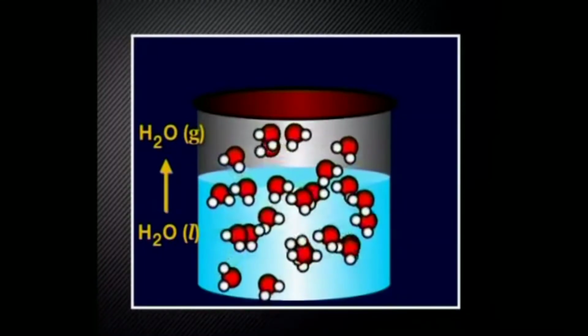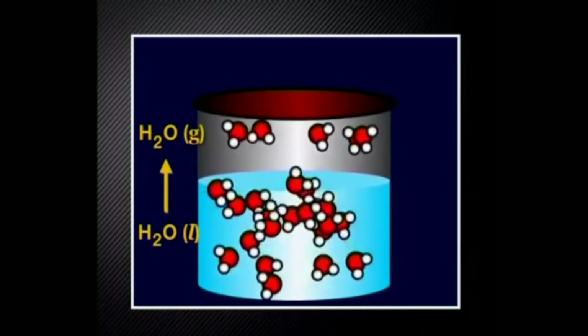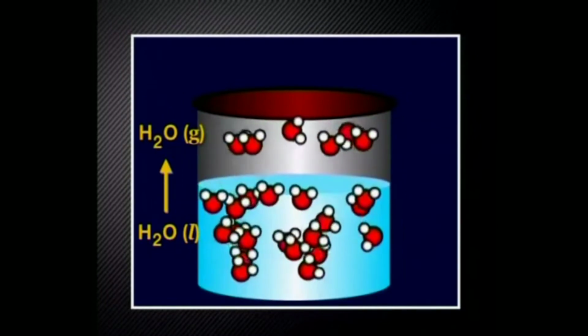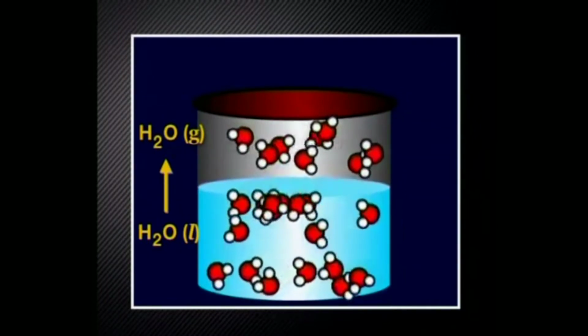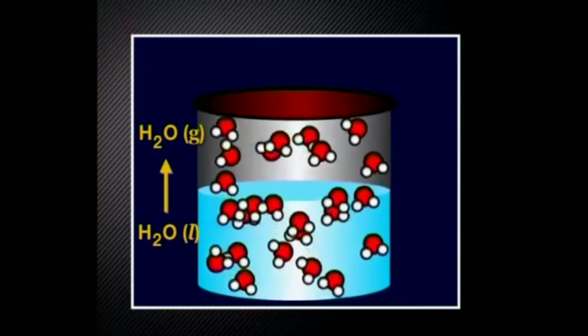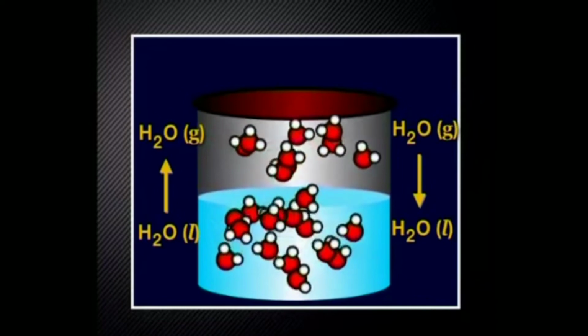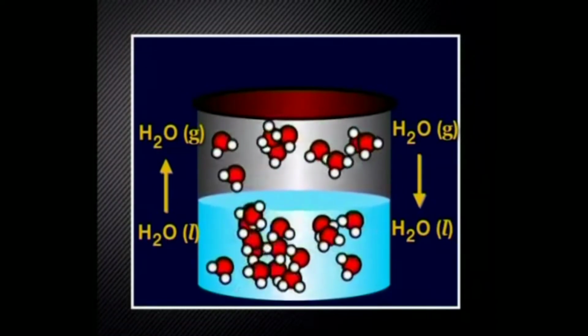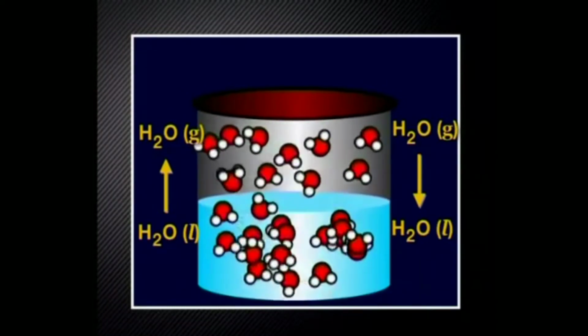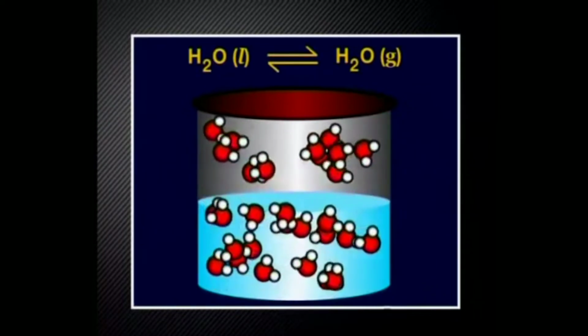So in this animation, you can see how equilibrium exists between the liquid and the gas phase. In this example, there are many more water molecules that are liquid than are gas. But as we see, for every one particle that evaporates, another one condenses.